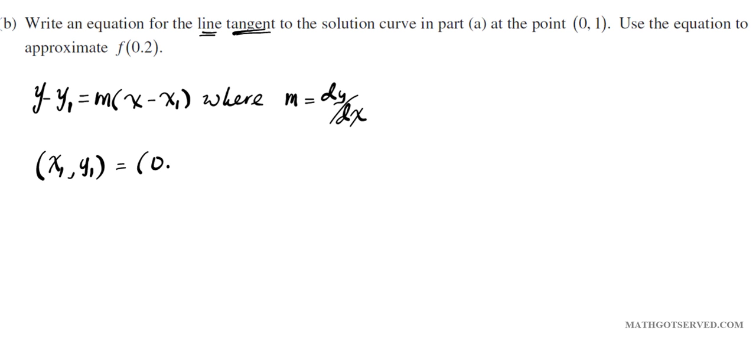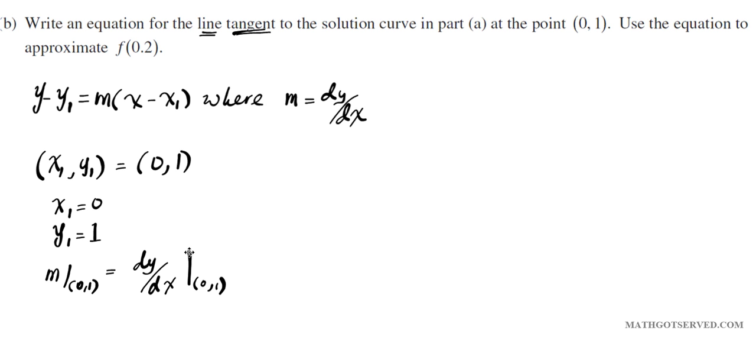In our formula, for x1 we're going to be putting in 0, and for y1 we're going to be putting in 1. That's the easy part. Now the hard part: what is the slope at (0, 1)? The slope at (0, 1) is simply the derivative at (0, 1).